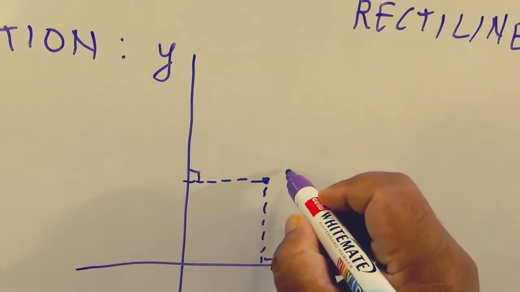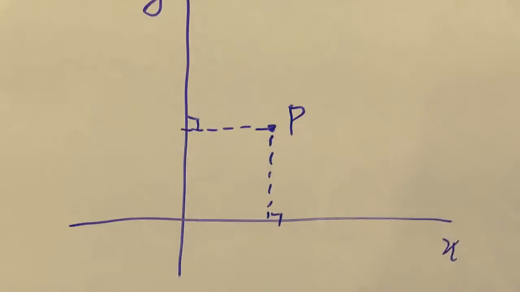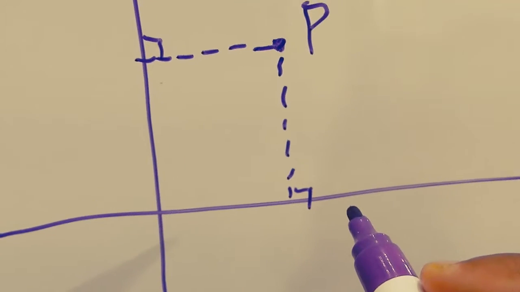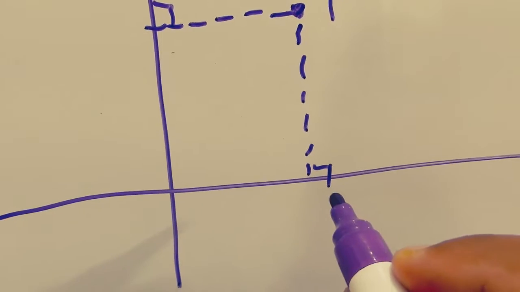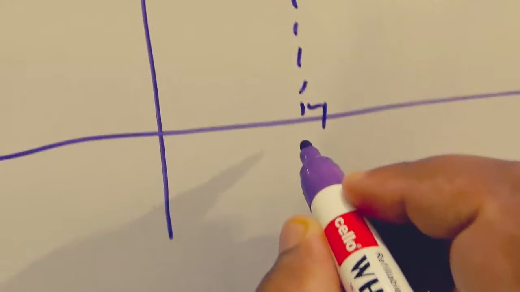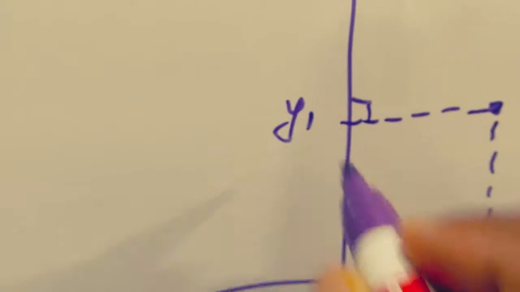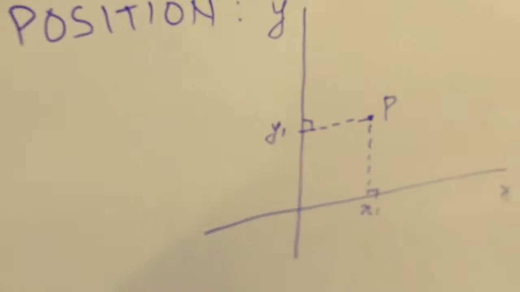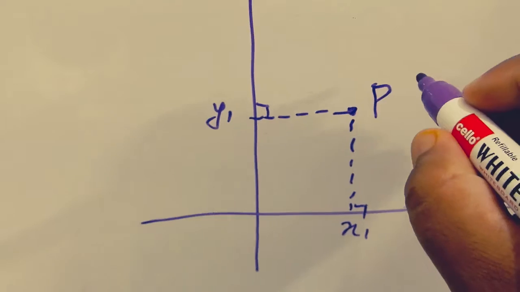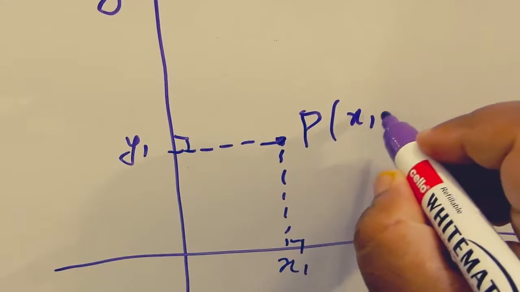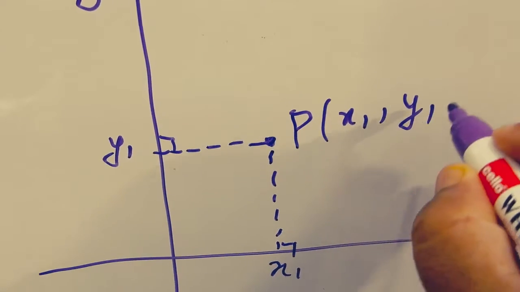Let this point be called P1, and if the position on the x-axis is x1 and on the y-axis is y1, we say that the point P1 has the coordinates x1, y1.